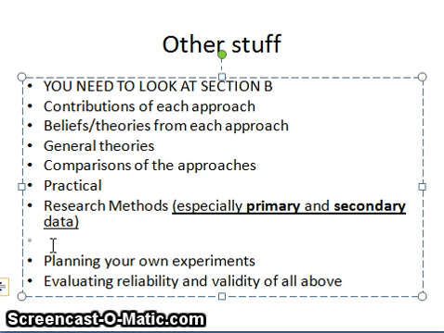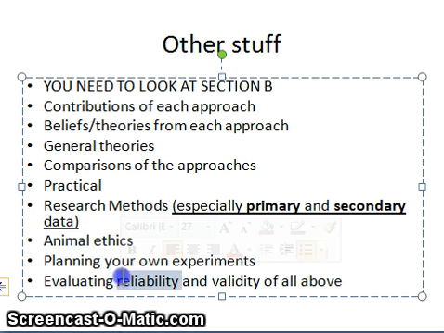You should know about animal ethics and human ethics. You need to be able to plan your own experiments, remembering that you need a design in an experiment, and a coding scheme in an observation, and whatever else.